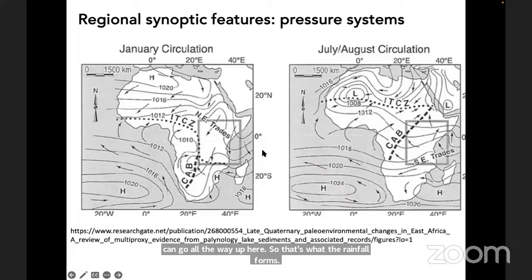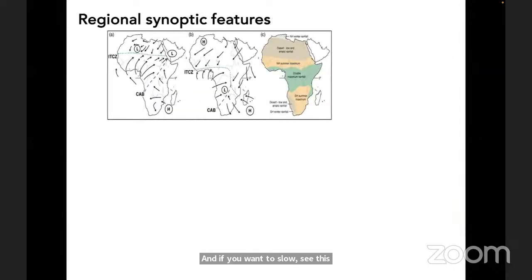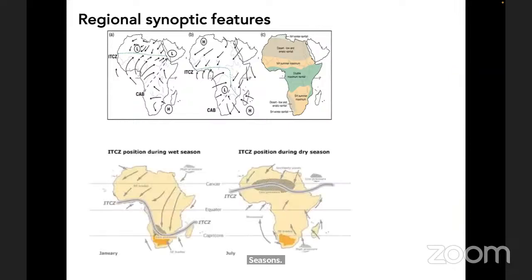And if you want to see this in a more simplistic way, again, you can see the ITCZ and the winds from south and north for the different seasons. And if you want to see it more clearly, this is your ITCZ.